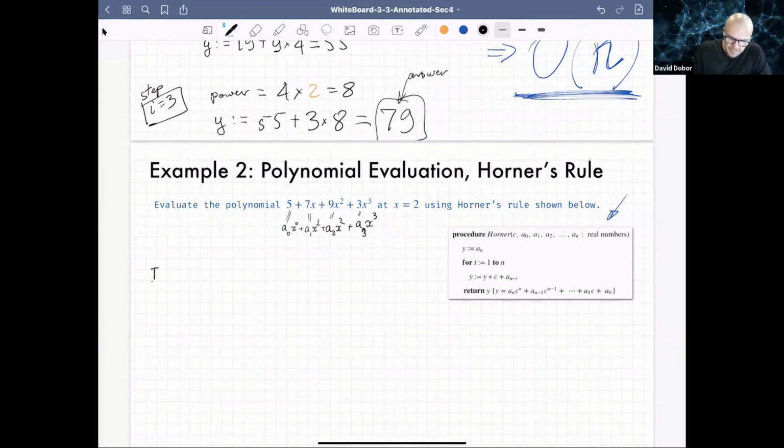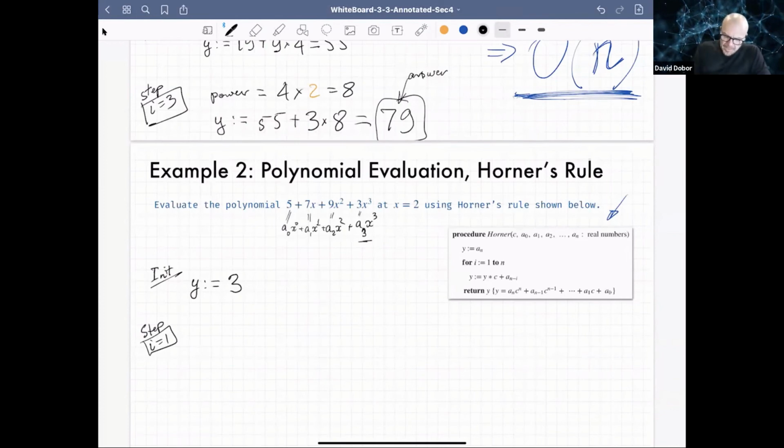Initialization step. Y, which again is going to be my answer, is initialized to a sub n. Before, we started with a sub 1 and just chugged along. The previous example was just a straightforward way of doing it. He starts from here. He says that my answer is going to be a sub 3. The answer is 3. And then he goes into the for loop. So he goes into the first step when I equals 1.